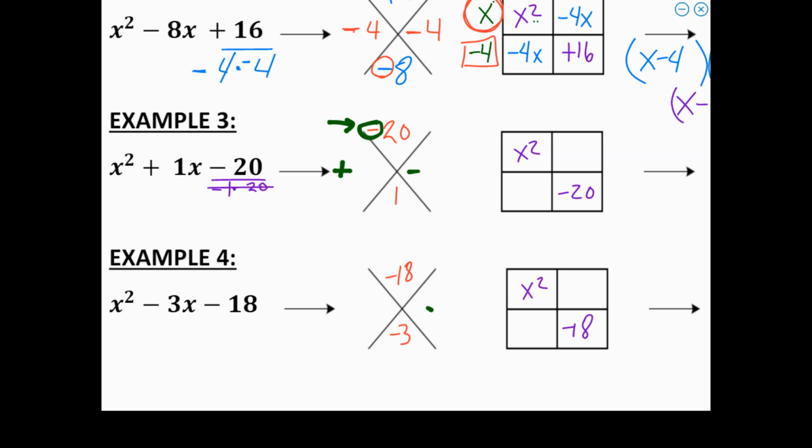Okay. So here's the other hint. If this bottom number is positive, that means your bigger number is going to be positive. And so then we've got 2 and 10. Okay, so 10 minus 2, does that give me 1? No. Negative 4 and 5.